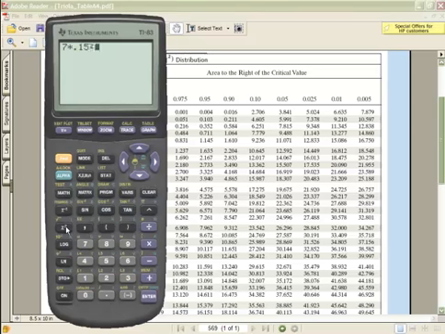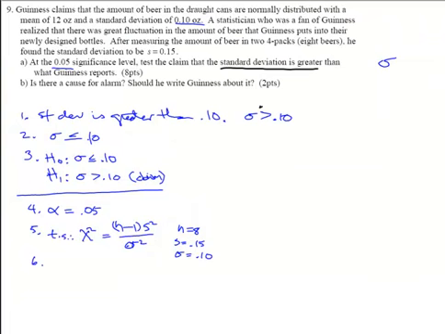You square that, divided by 0.1 squared, that's the population standard deviation squared, or the variance. We get 15.75 as our test statistic.